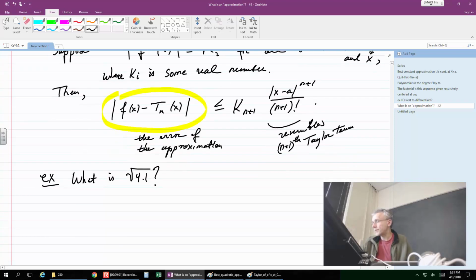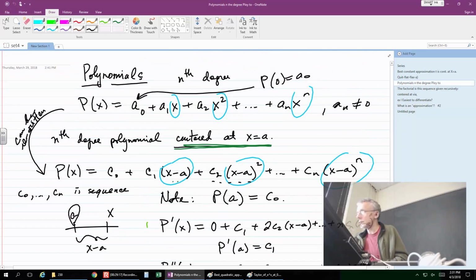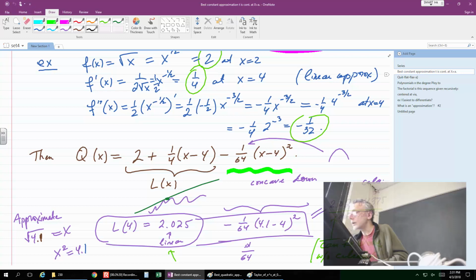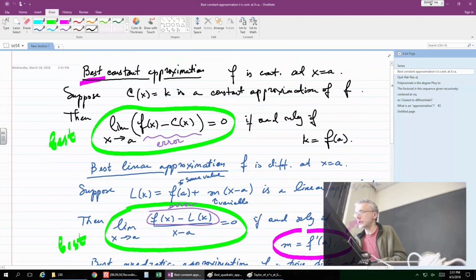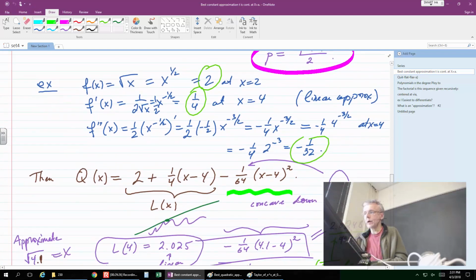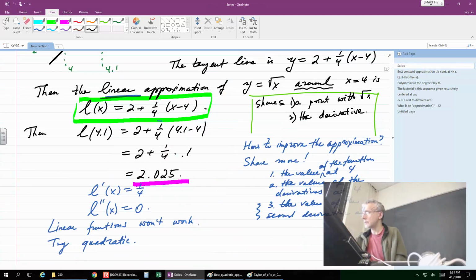So we will provide a range of values. I want to point out that when we already did it, here it is. Right here is the example of the square root. Now let's go all the way.